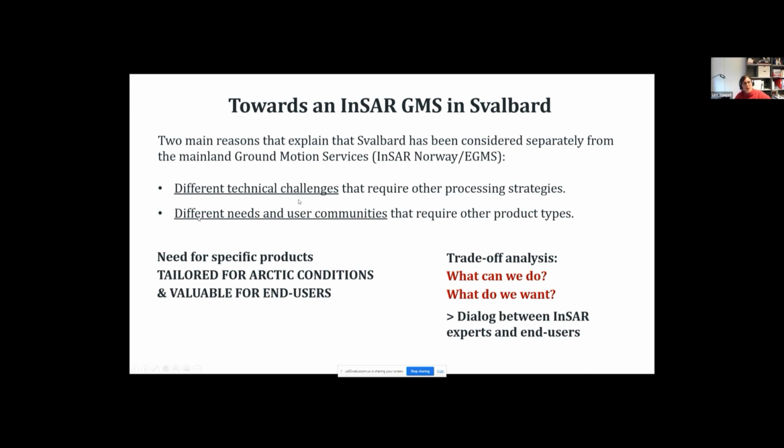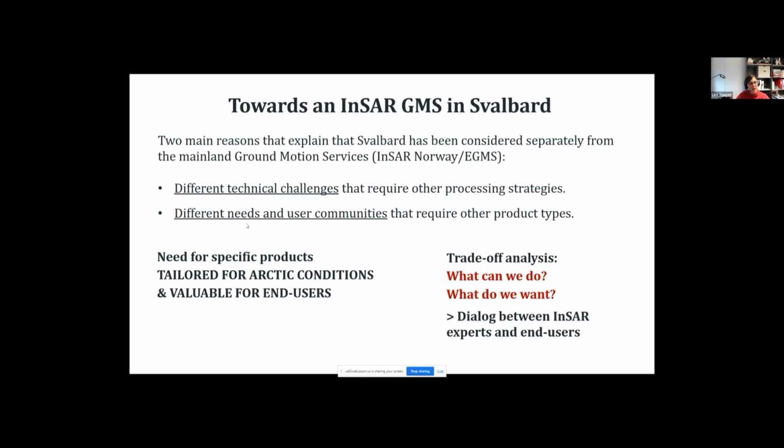And then the second part is, of course, the different needs and the different user communities in Svalbard compared to the mainland, that also require other product types, so we wanted to take time to define with you, with people who will really use the data, how we design such a service and which kind of product we can deliver.